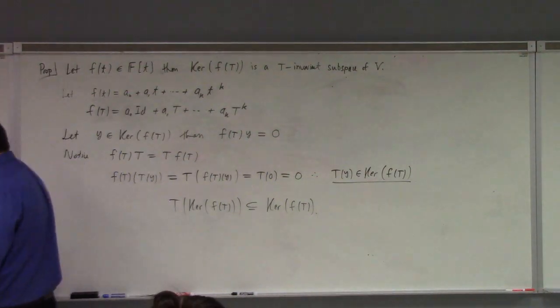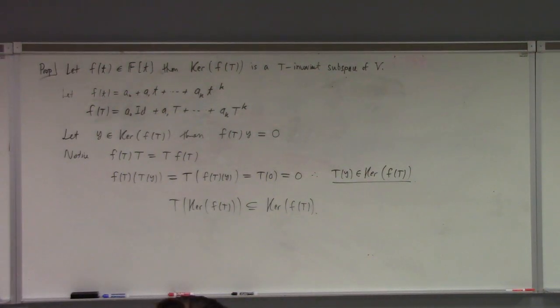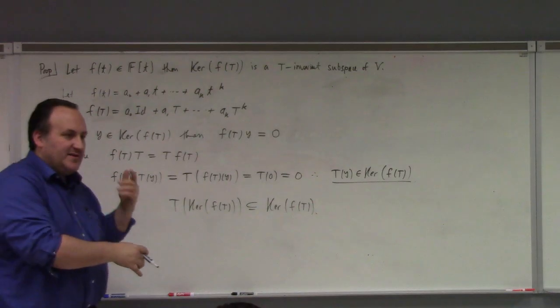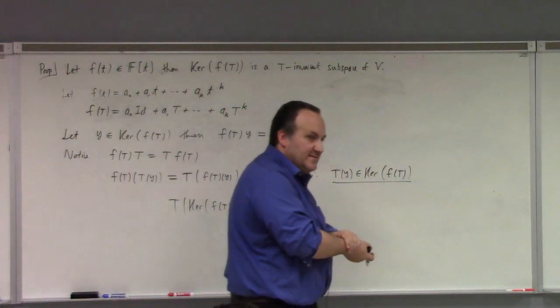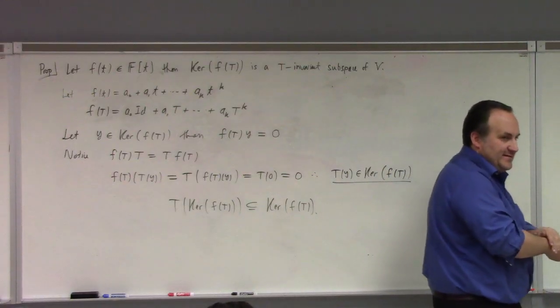And you guys, you tell me, why do we know that the kernel of f of T is a subspace? What would have been a good test question for like test 1? I guess I didn't ask it, but I could have.